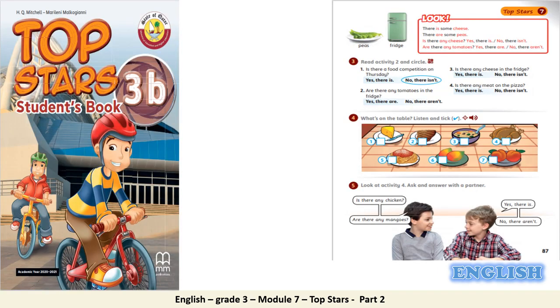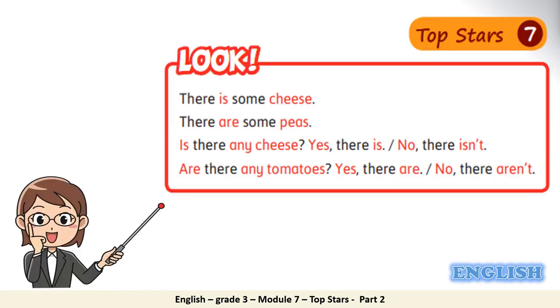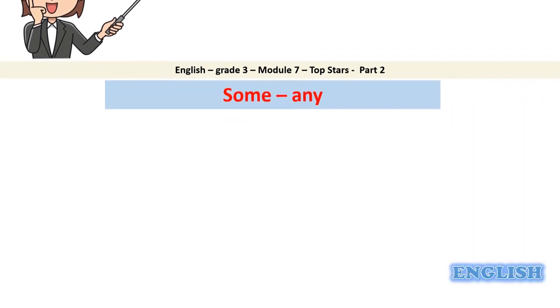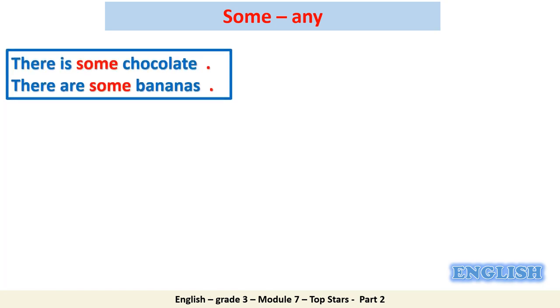Now open your student's book, page 87, the look box. Look, there is some cheese. There are some peas. Is there any cheese? Yes, there is. No, there isn't. Are there any tomatoes? Yes, there are. No, there aren't. Let's have a look at the uses of some and any.